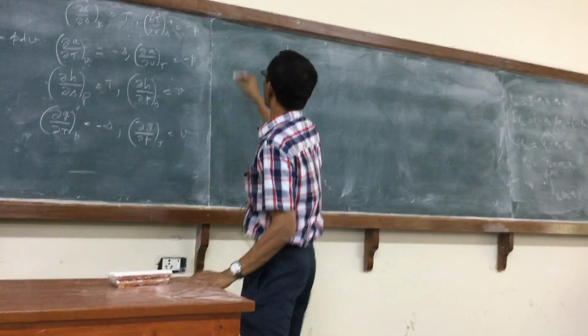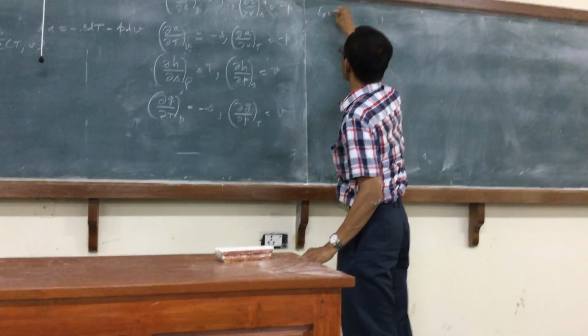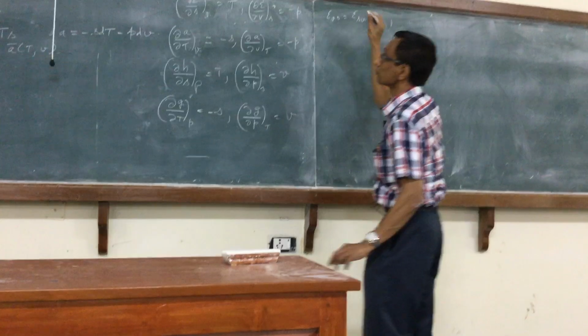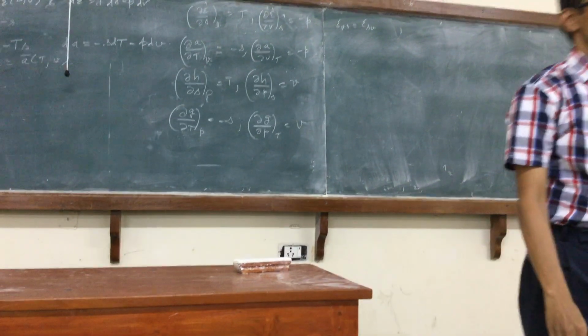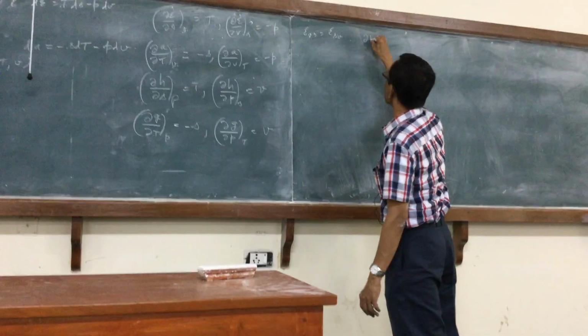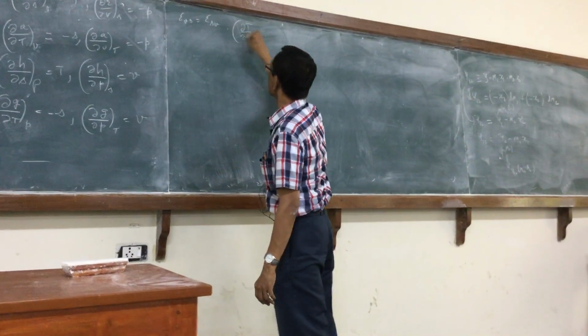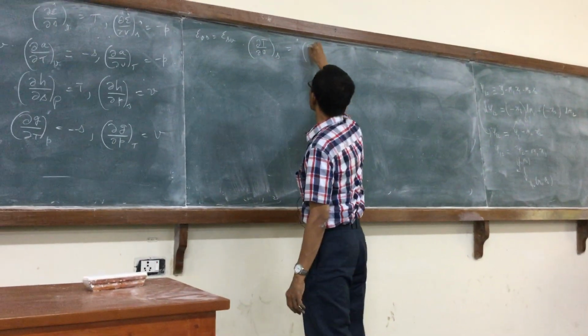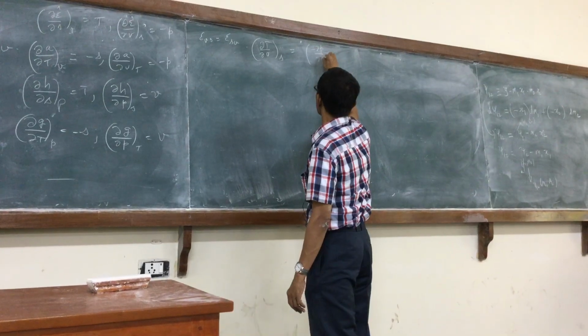Right? So I can write E_SV is equal to E_VS. So from that I can write dT by dV at S is minus dP by dS at V. This equation will be very useful.